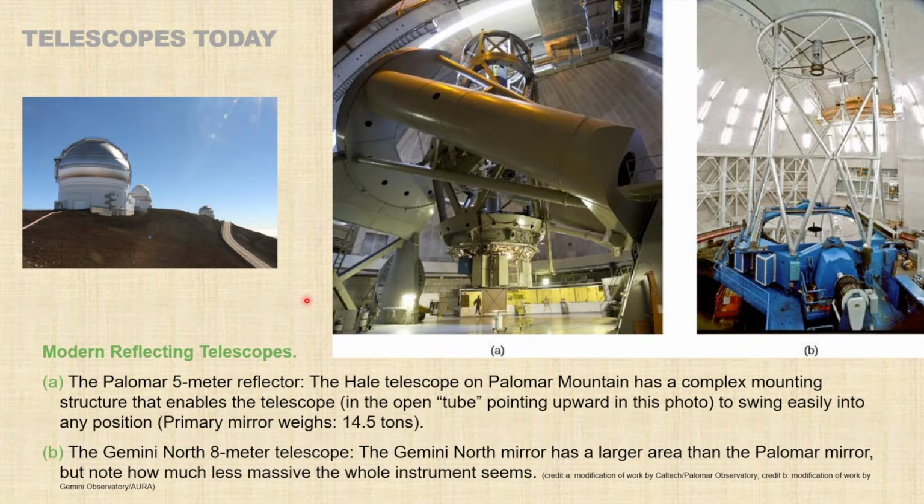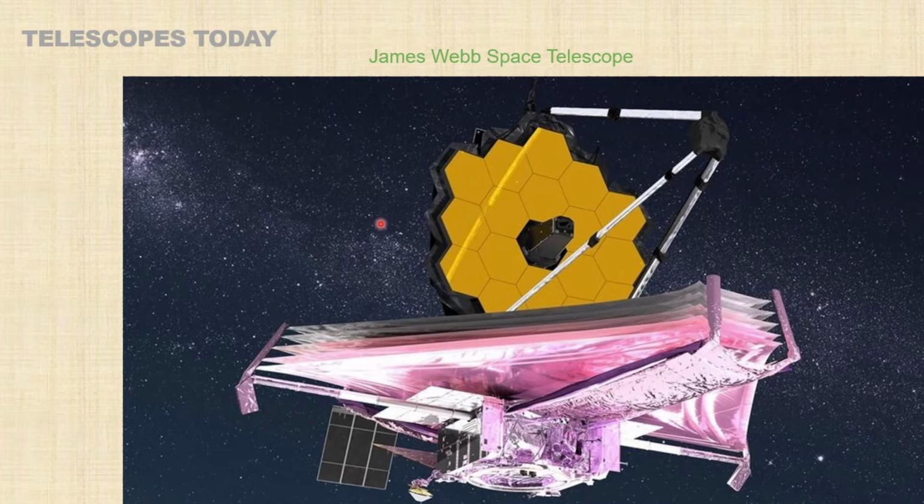So you see, the telescopes are getting bigger, and bigger means better in terms of telescopes because of the size. It can collect more light, it can collect more faint light, and it can collect light coming from much farther galaxies. Right?